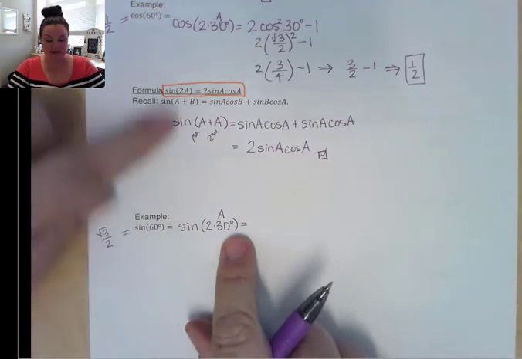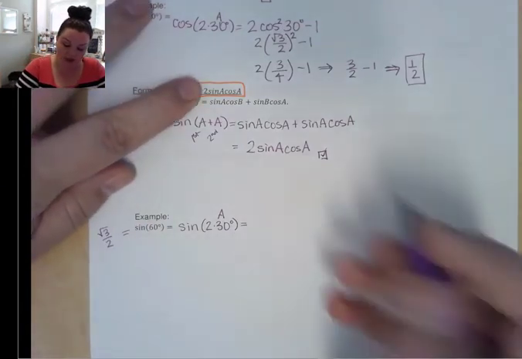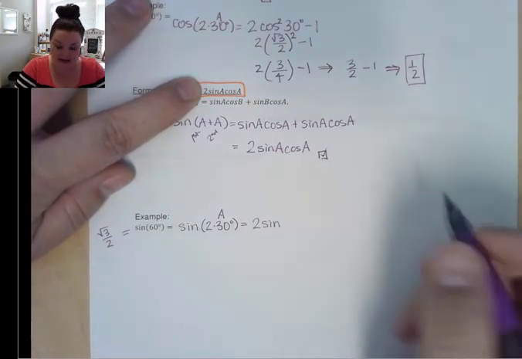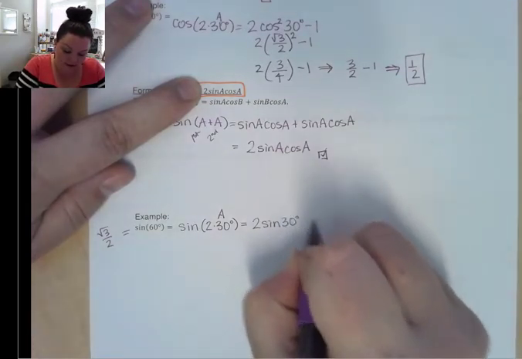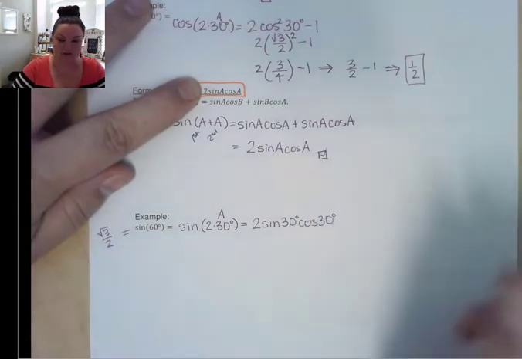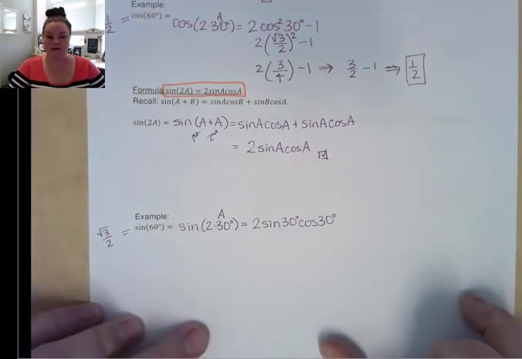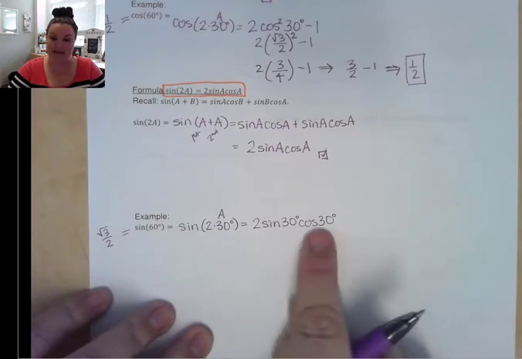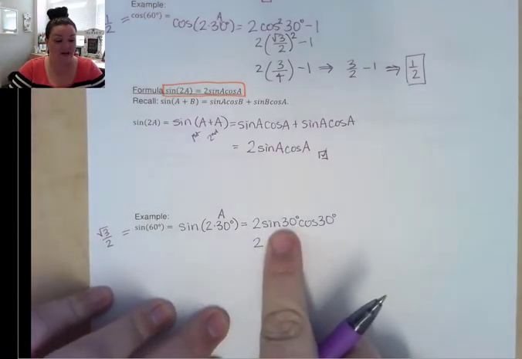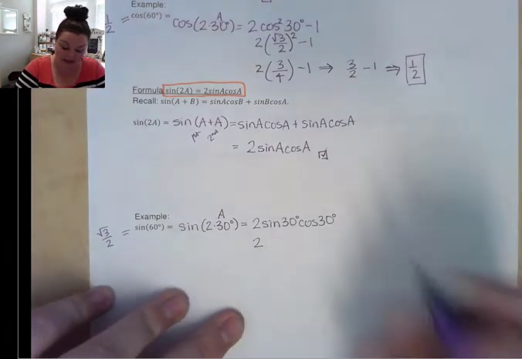All right, and now let's plug it into our formula that says this should equal 2 times sine A, my A is 30 degrees, times cosine A, so cosine 30 degrees, right? So now we can go ahead and plug in these values. So 2 times sine of 30 degrees is 1/2.